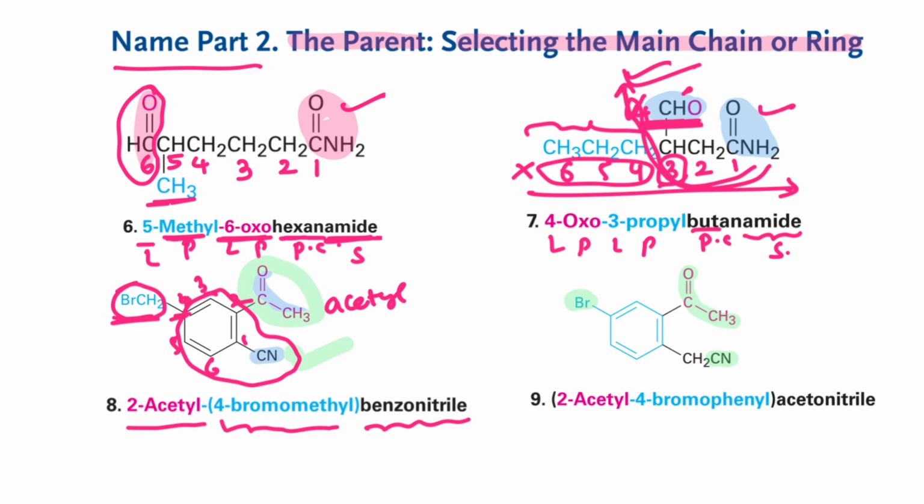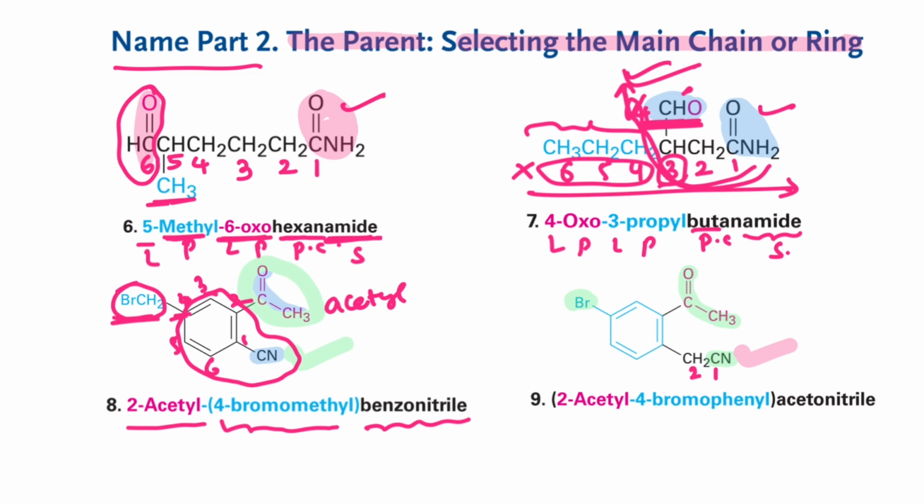Now in this keto and cyanide, which is the first priority? This cyanide is the first priority. Therefore, it is considered as 1, 2. Remaining is the total substituent.